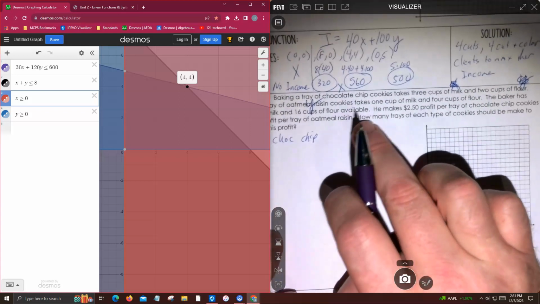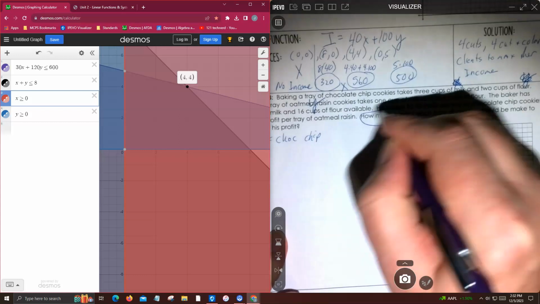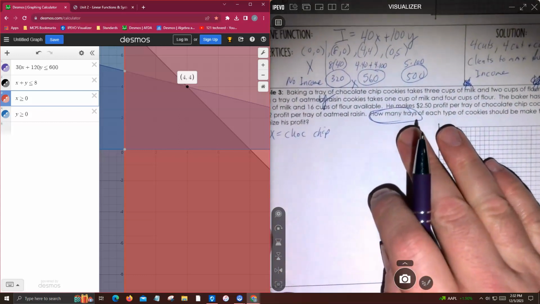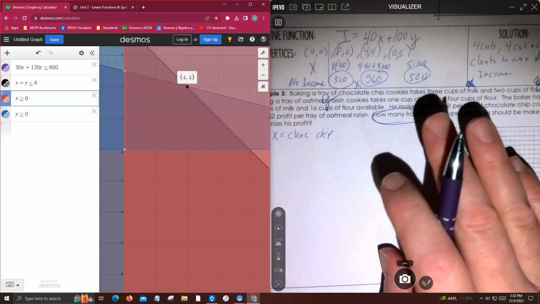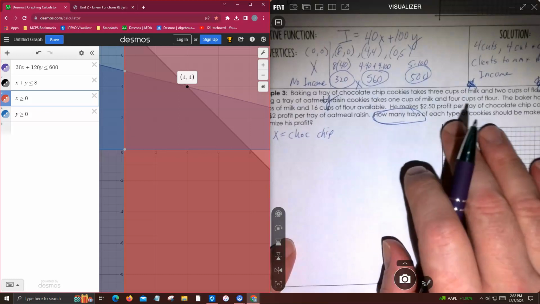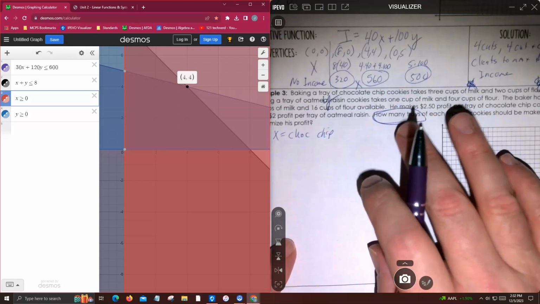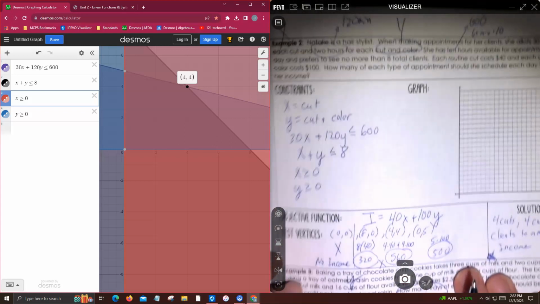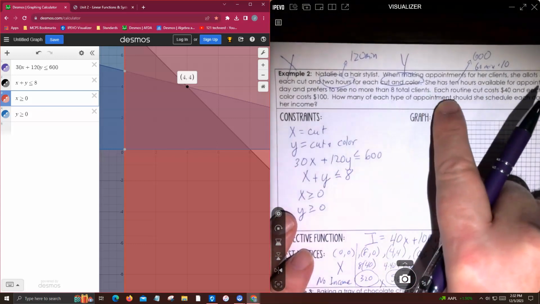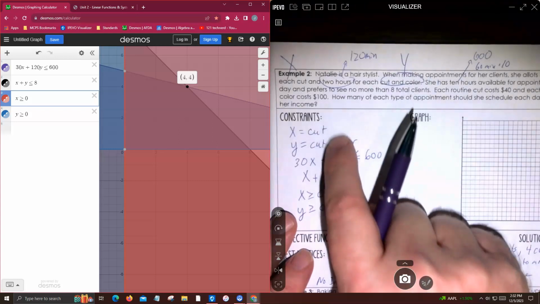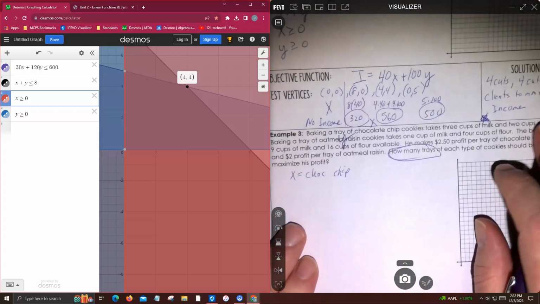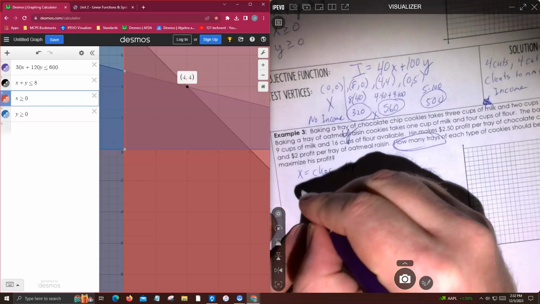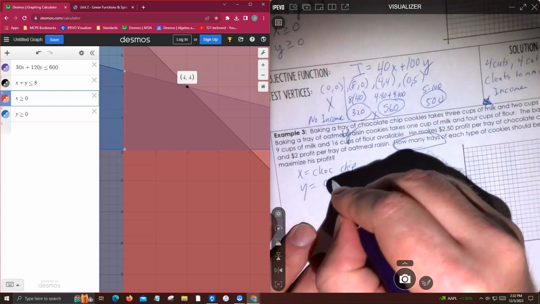And since they're asking about how many trays, they're not asking about how many cups of milk and flour. They're asking about trays of types of cookies. So those need to be your X's and Y's. So you can go by the question, how many of each type, and that will also help you figure out what X and Y are. So X is chocolate chip and Y is oatmeal.